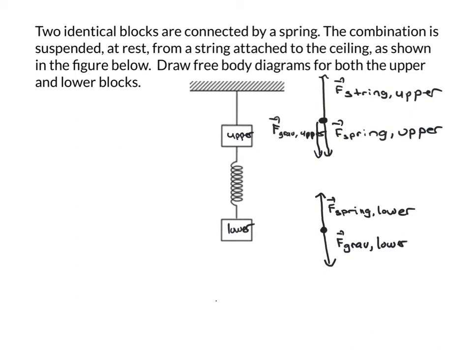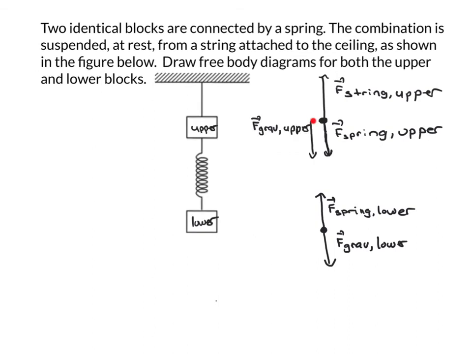Now, a couple of things to notice. One is we're told in the problem that the blocks are identical, which presumably means that they have the same mass. So that means that the length of these gravitational force arrows has got to be the same, because the masses are the same, and therefore the force of gravity on each of the blocks is the same, both magnitude and direction.